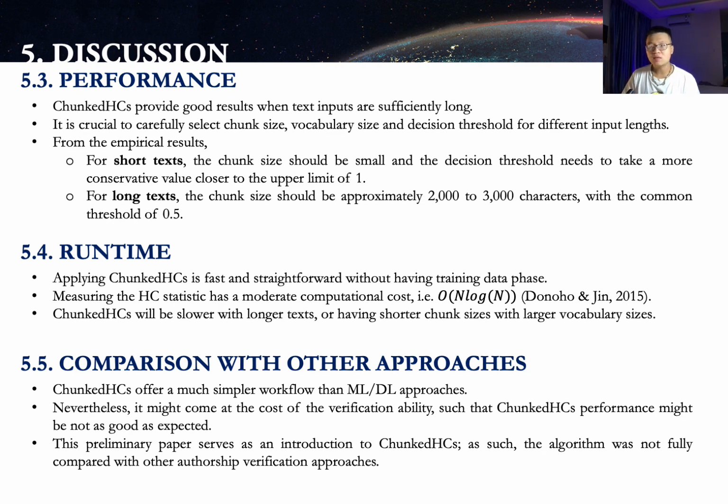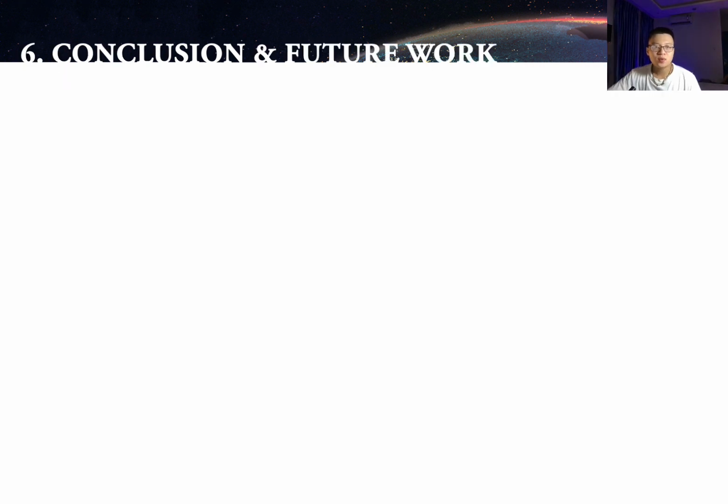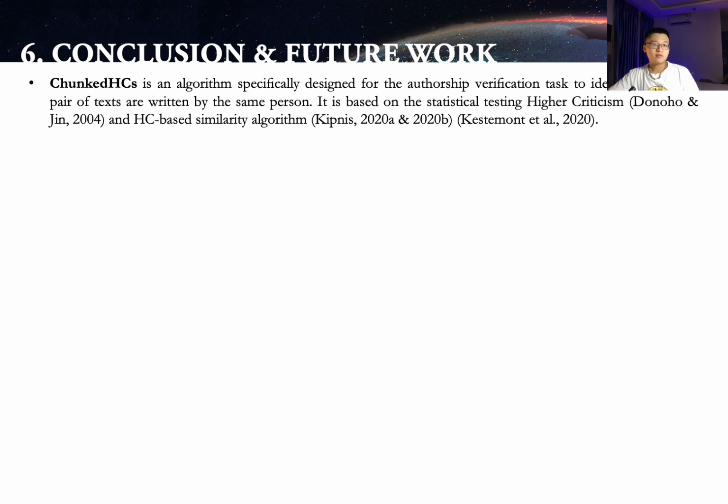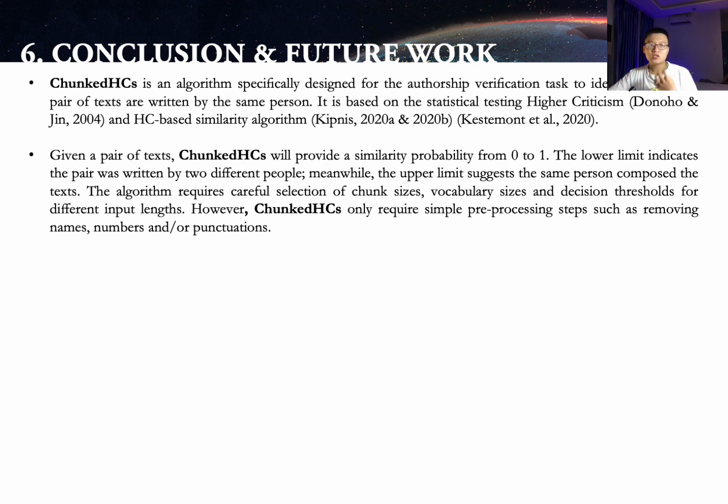This is only a preliminary paper as an introduction to ChunkedHC, and the algorithm was not fully compared with other authorship verification approaches. So, talking about the conclusion: ChunkedHC is an algorithm specifically designed for the authorship verification task. ChunkedHC gives a similarity probability from 0 to 1. 0 indicates a pair of different authors, and 1 indicates a pair of the same author.